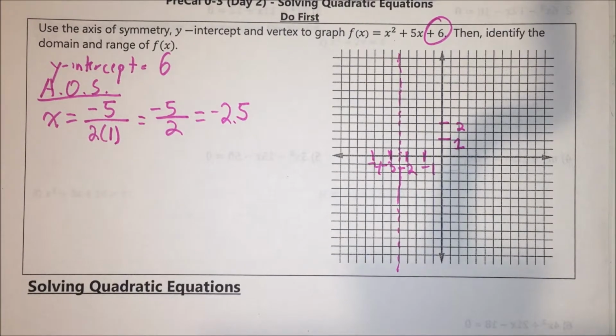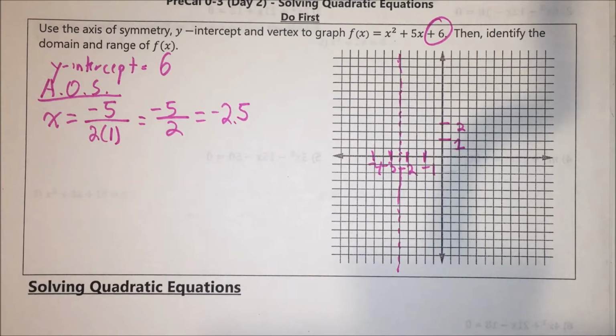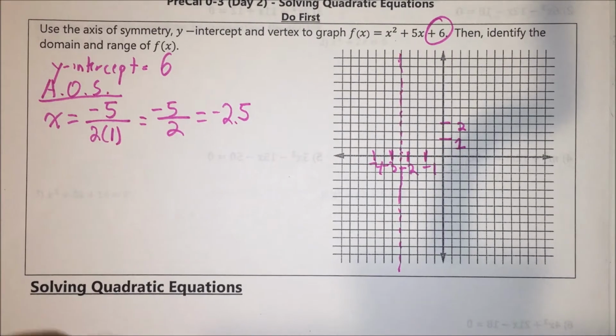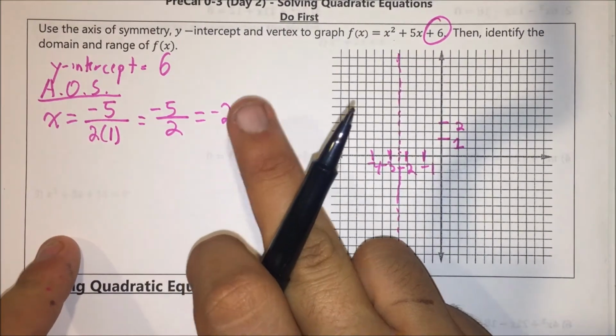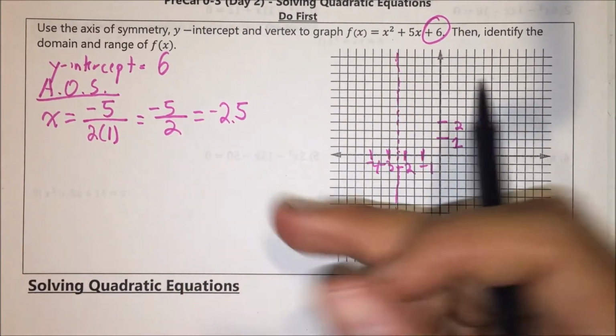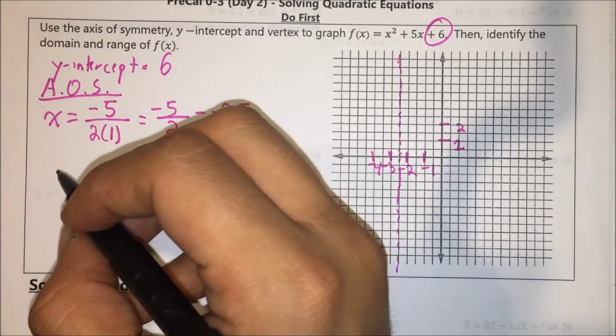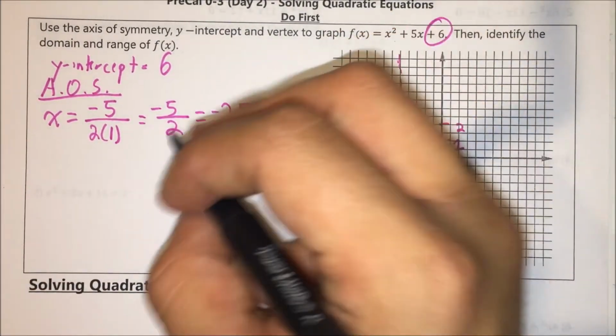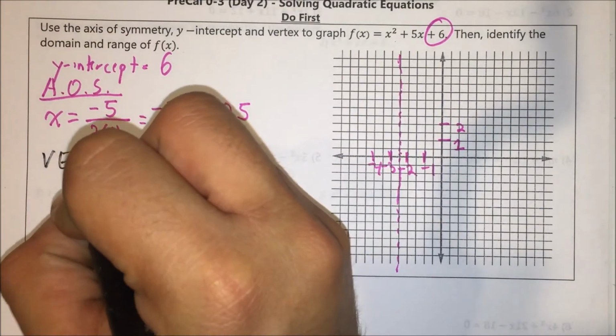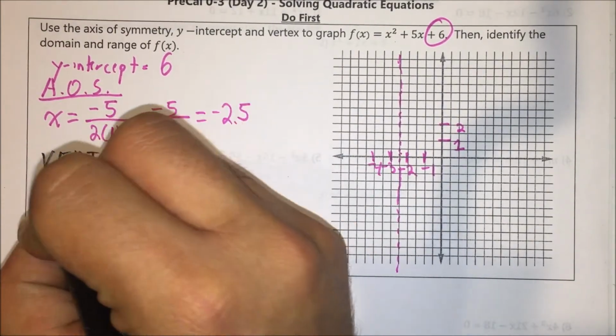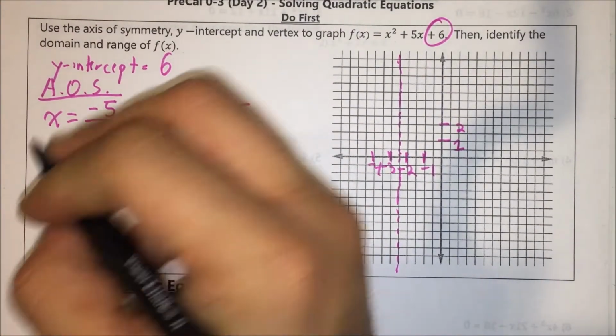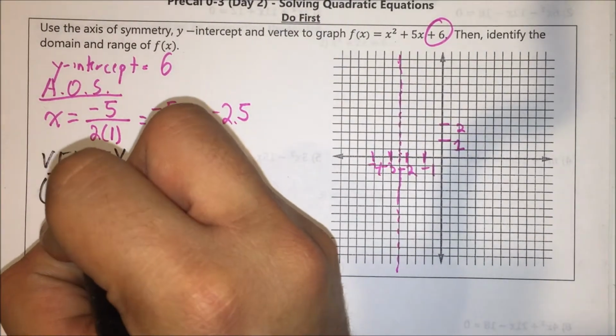Then what we want to do is plug negative 2.5 into the function to get the y of the vertex. For the vertex, we already know that the x is going to be negative 2.5.